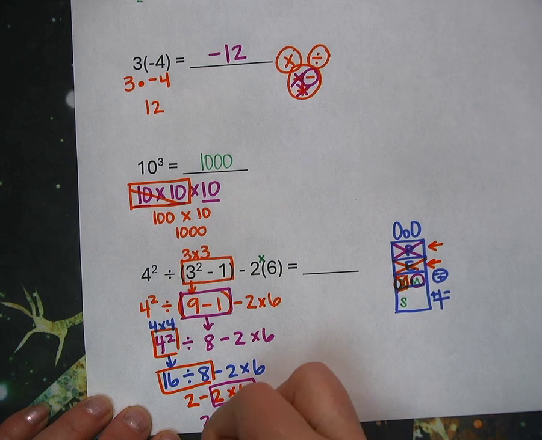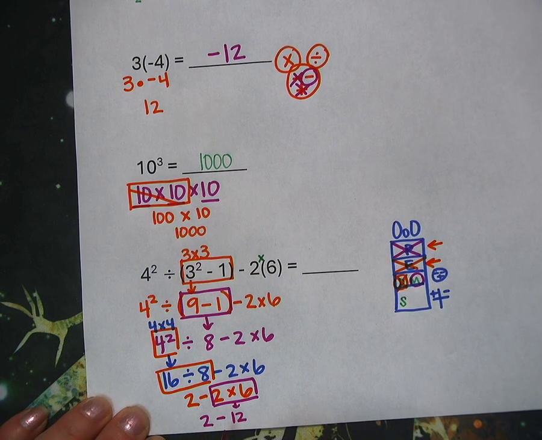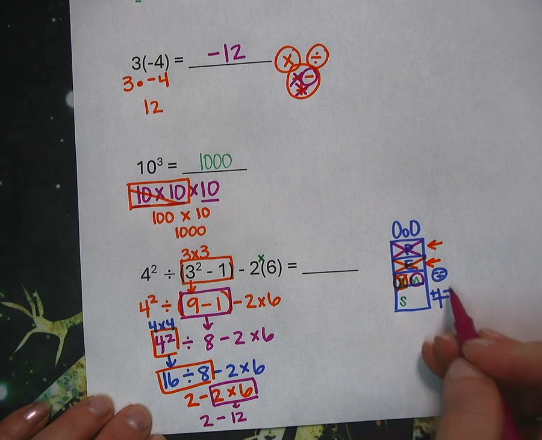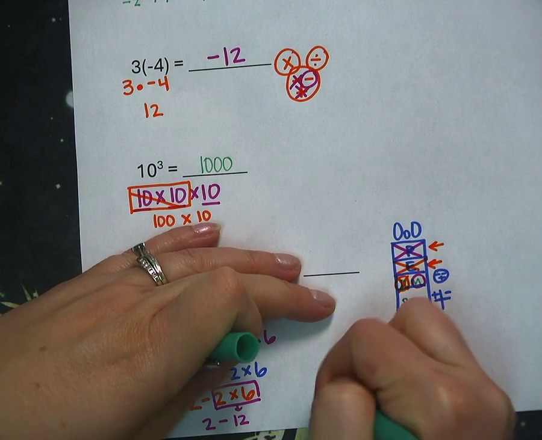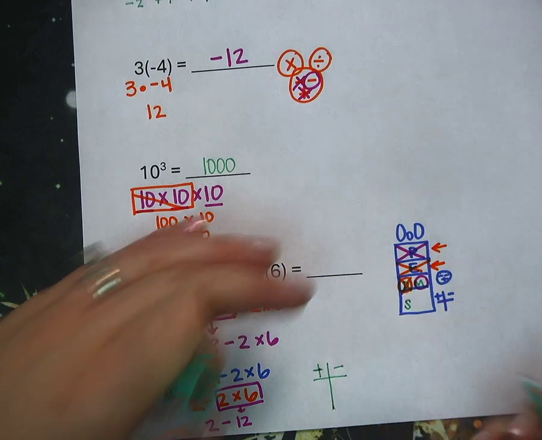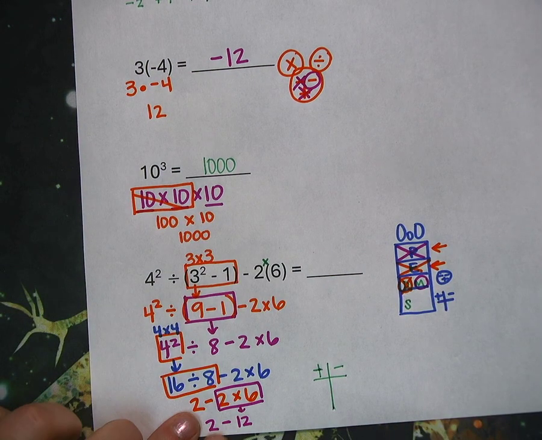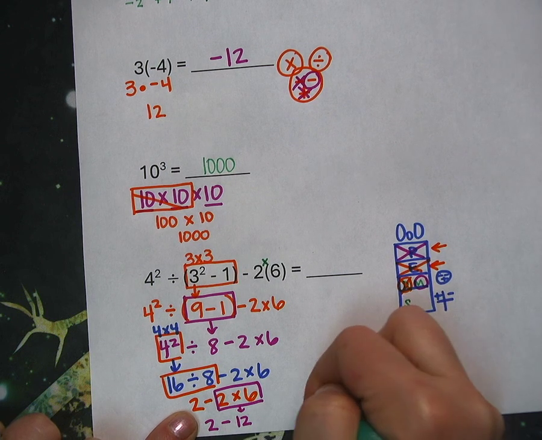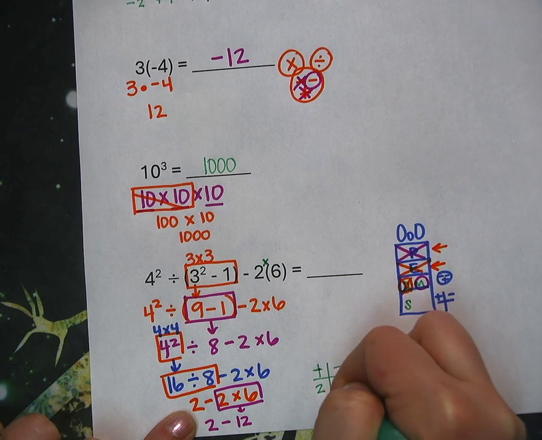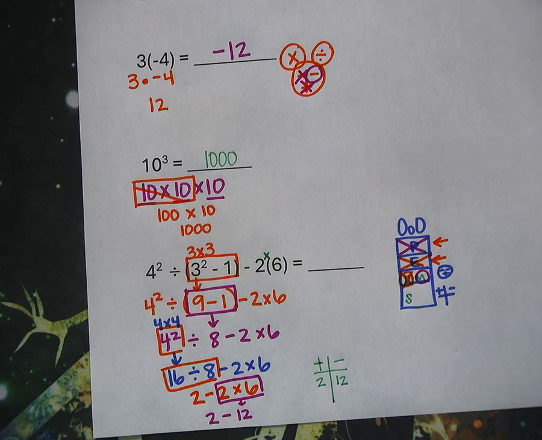And my last step will be 2 minus 12. So do I need my integer table? Yes. So I'm going to draw my integer table, and the reason I know that I need my integer table is because if I have $2, I cannot spend $12. So 2 was positive and 12 was negative. So which team has more power?